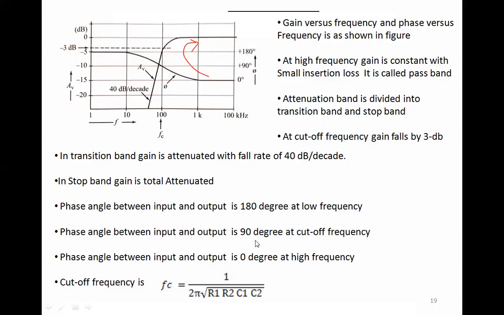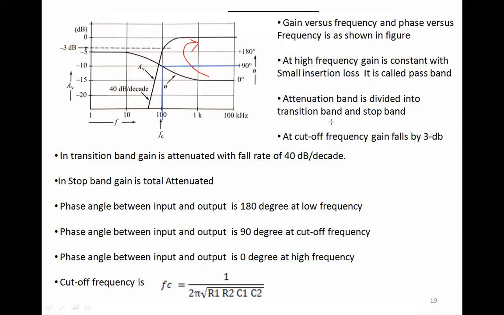The phase angle between input and output at the cutoff frequency, at this point, is about 90 degrees. You can see here, right? Let me show you. So take this point here and this point.